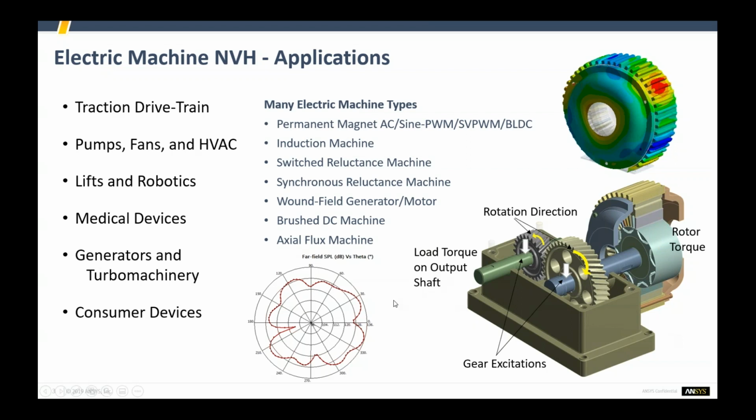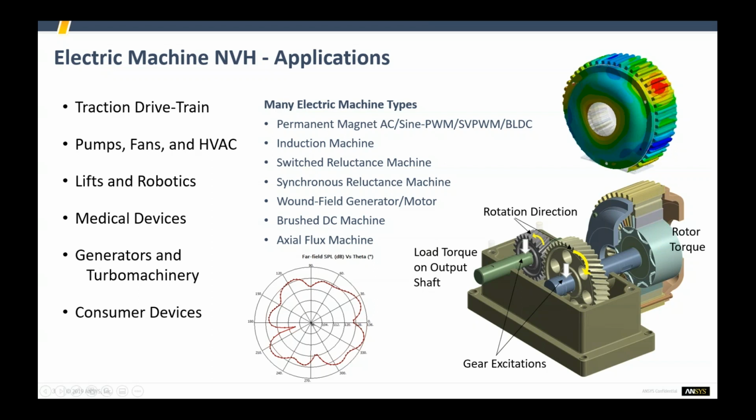and when we talk about electric machines, Ansys is aware that there are a lot of different electric machine types from permanent magnets, AC, BLDC, pulse width PWM, induction machine, switched reluctance machine, synchronous reluctance machine, and so on and so on.